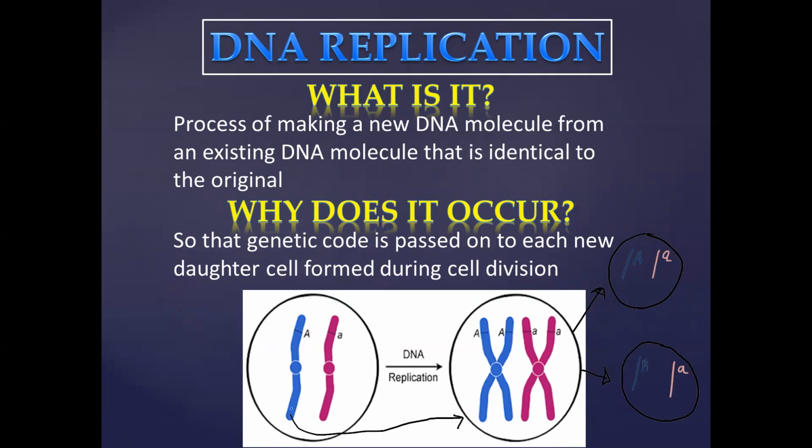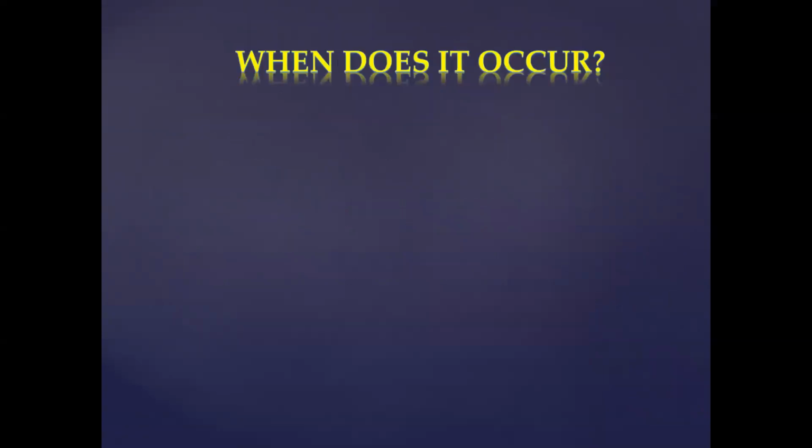So whatever information was in the original cell, it had a capital A and a small a, the cells made by the process of mitosis will be genetically identical because they receive a copy each, and those copies of the genetic material were made during the process of DNA replication.